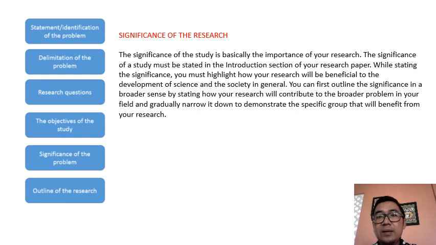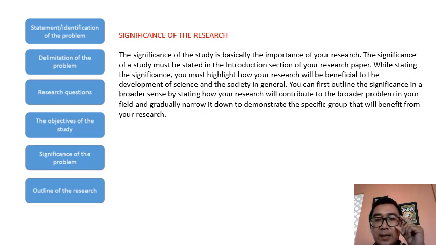Kemudian, you can first outline the significance in a broader sense by stating how your research will contribute to the broader problem in your field and gradually narrow it down to demonstrate the specific group that will benefit from your research. Pertama, Anda bisa menggambarkan secara umum manfaat hasil penelitian itu apa, kemudian juga secara khusus bisa dituliskan ya.